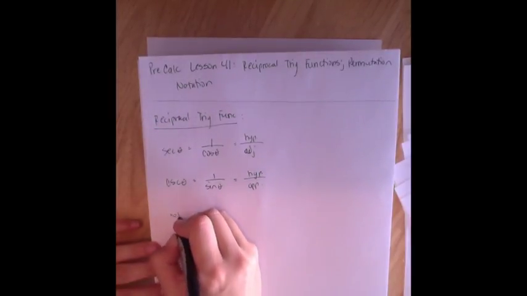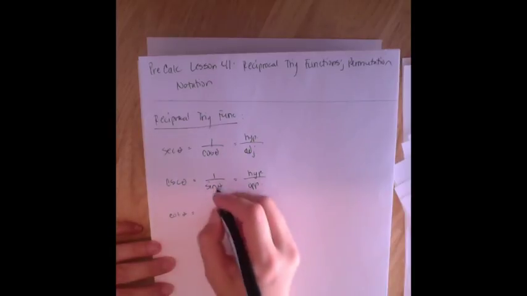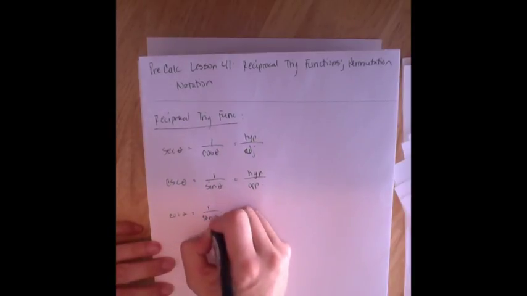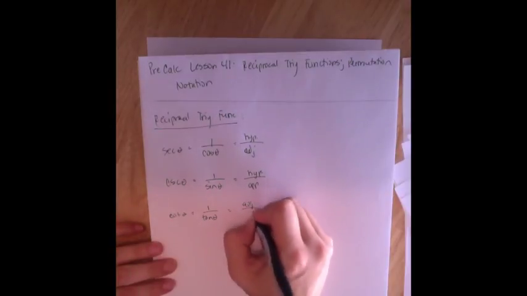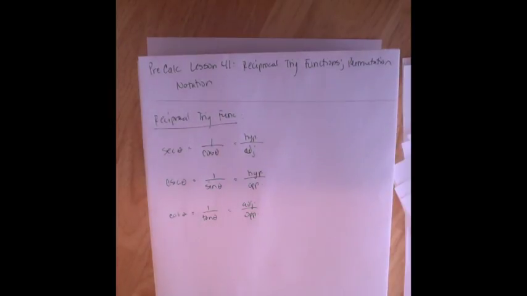And the cotangent of theta is 1 over tangent of theta, and it is adjacent over opposite.